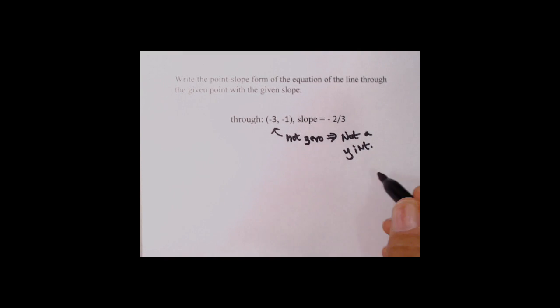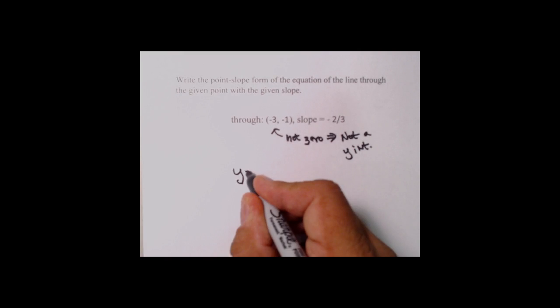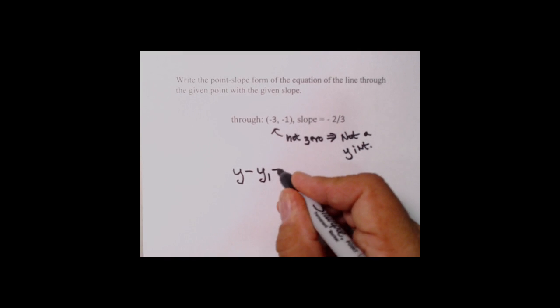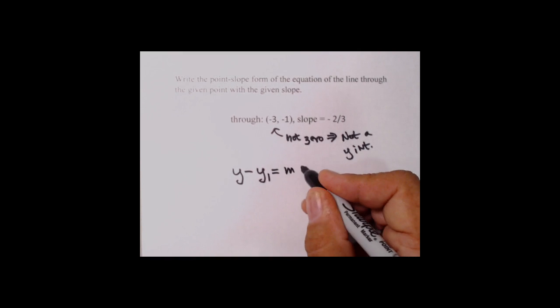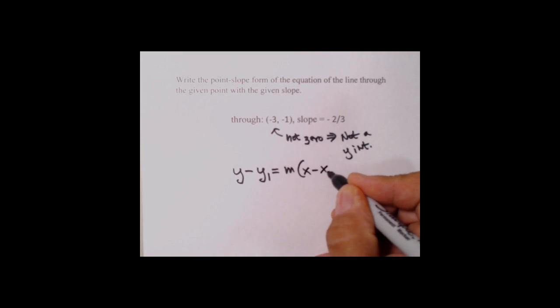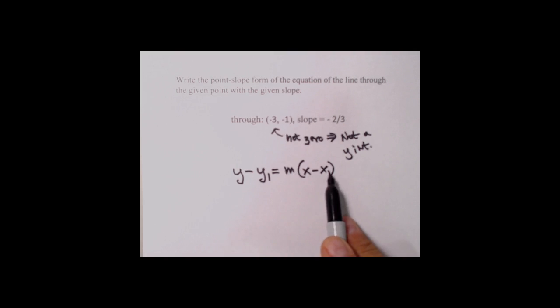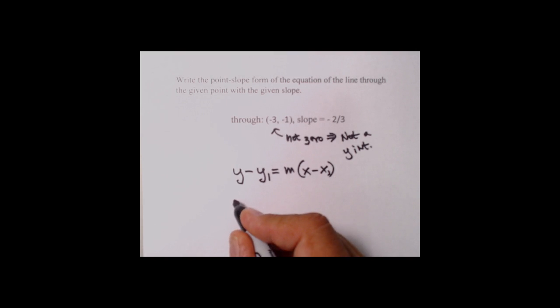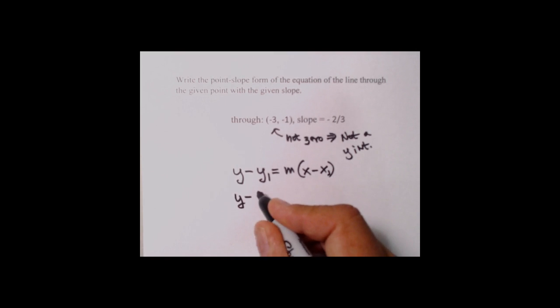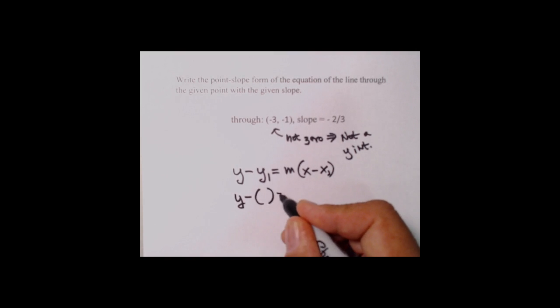So here it is. Y minus y1 equals m times x minus x1. Okay, we're going to substitute values for x1 and y1. So let's rewrite this with some holes so we're ready to do it. Y minus, here's a hole for y1, equals.